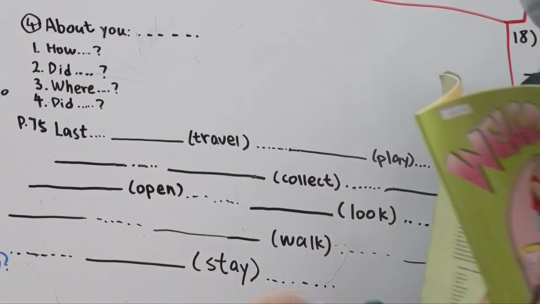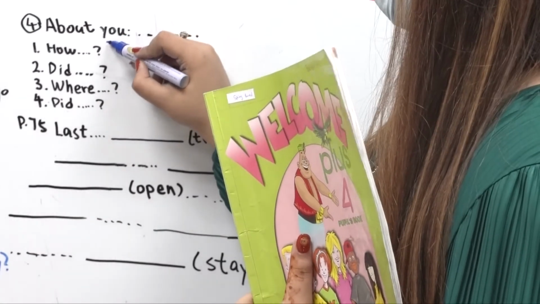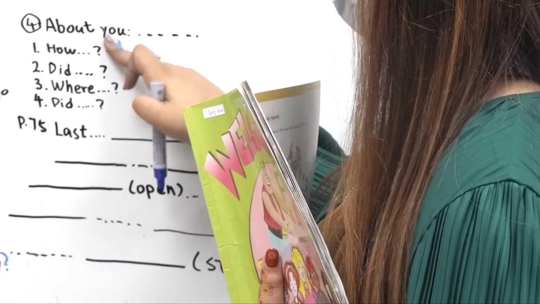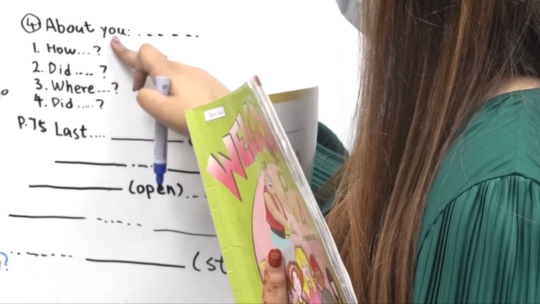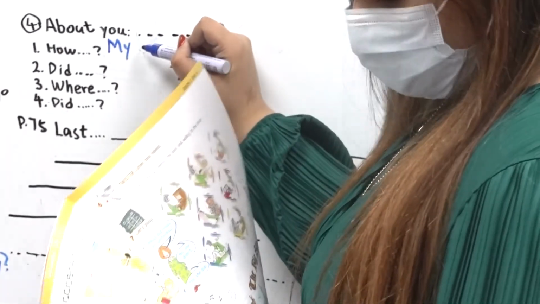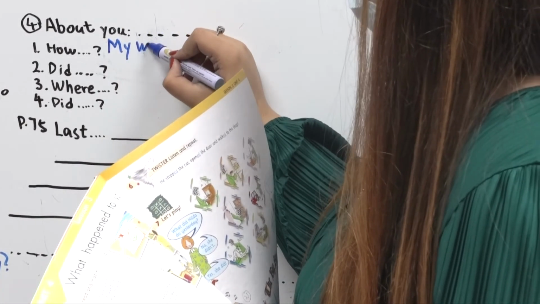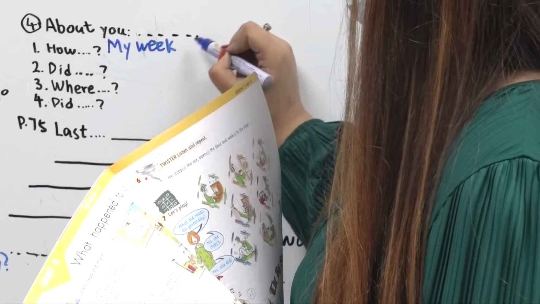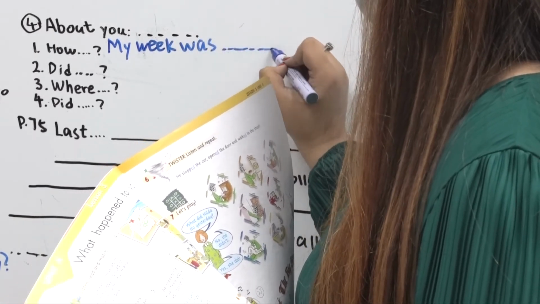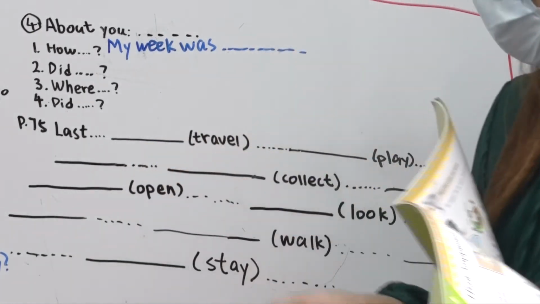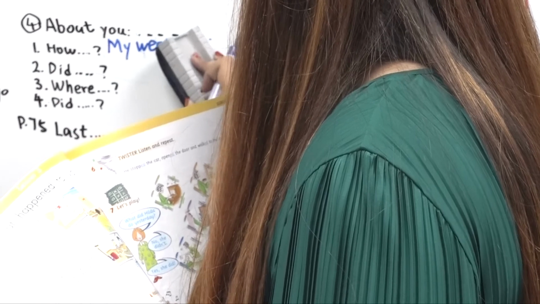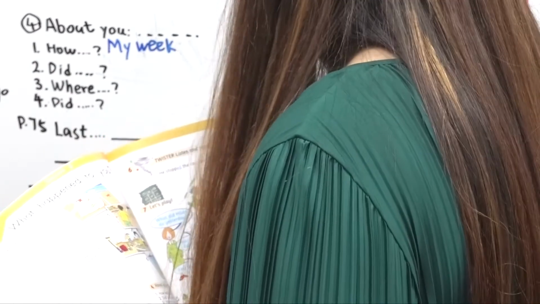You may say it was, or let's say my weekend was. You can use any adjective to talk about how your weekend was. You can say my weekend was very bad.